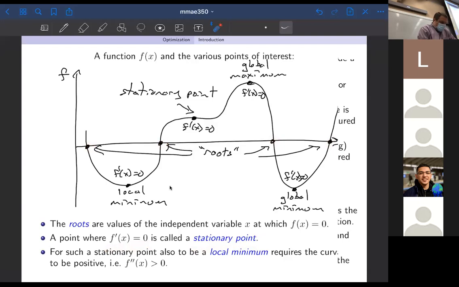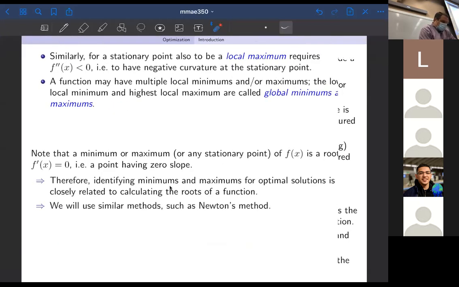So to check whether it's a local minimum, in addition to being a stationary point, we have to check the second derivative, which is the curvature, to see if it's positive. If the curvature is negative, then it's a local maximum. All right, so that's all fine. So in that way, we can determine where the minimums and maximums are.